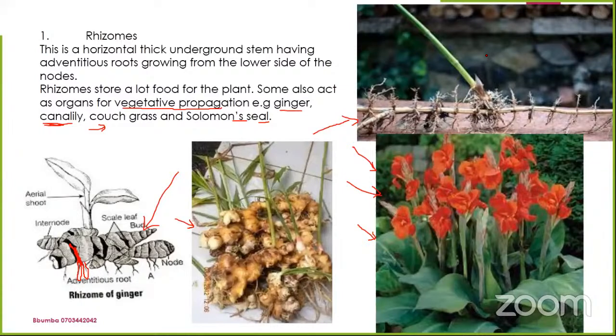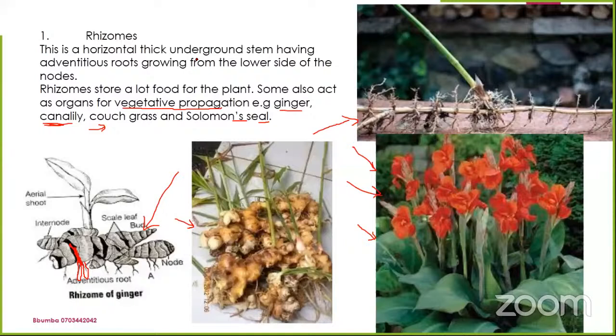I gave sweet potatoes under modified roots. I did not give sweet potatoes under modified stems. We looked at sweet potatoes last week under modified roots. We are now looking at stems. And right now we are looking at underground stems.